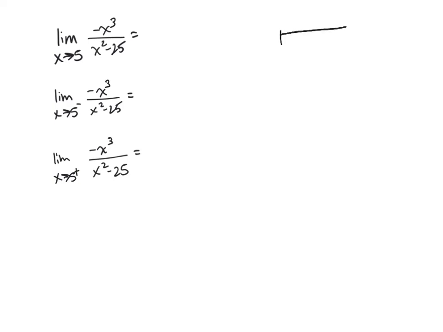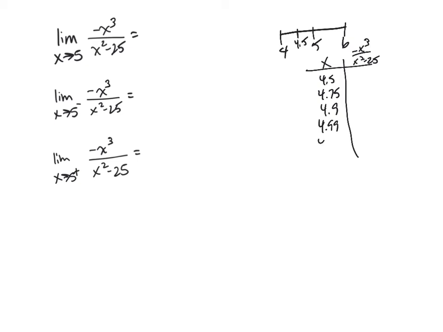And so again, I'm going to set up, here's 5, here's 6, here's 4. So from the left, 4.5, I'm going to see what we get there. So we can try 4.5, 4.75, 4.9, 4.99, 4.999 and see what we get.